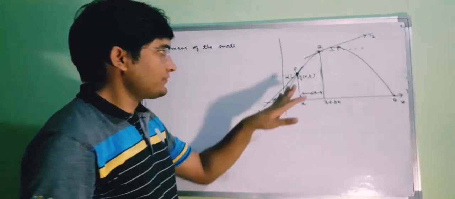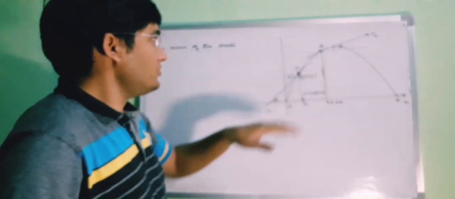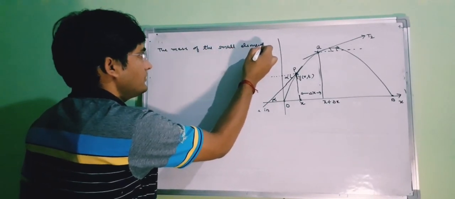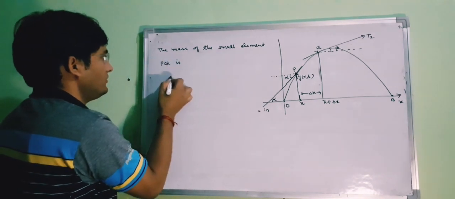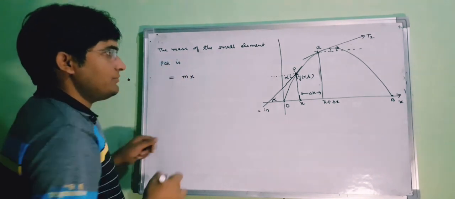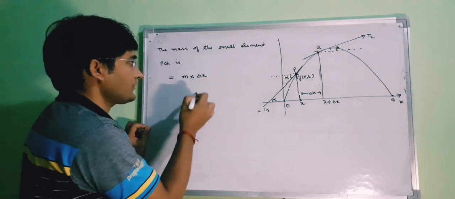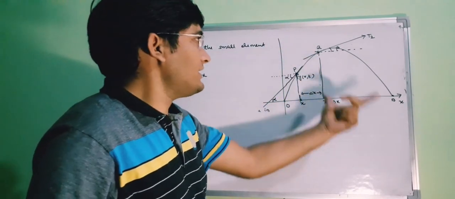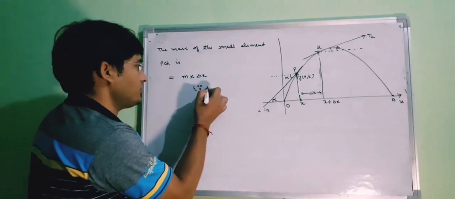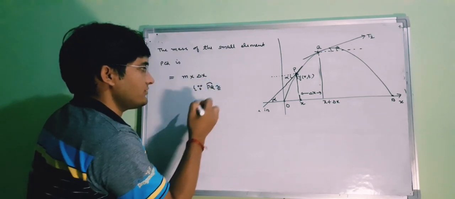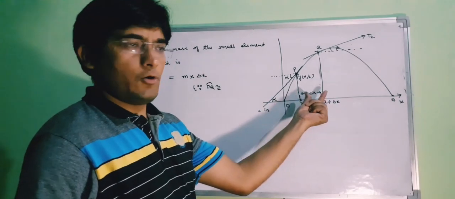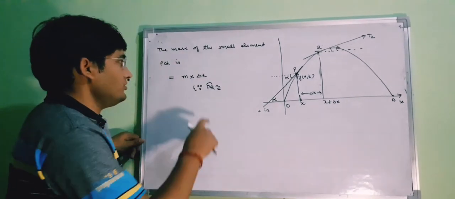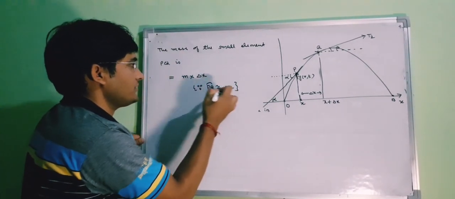As you can see, this PQ is very small, so the mass of the element PQ is m into delta x, because the arc PQ is approximately a straight line, so we can assume its length as delta x, although it is not exactly delta x.